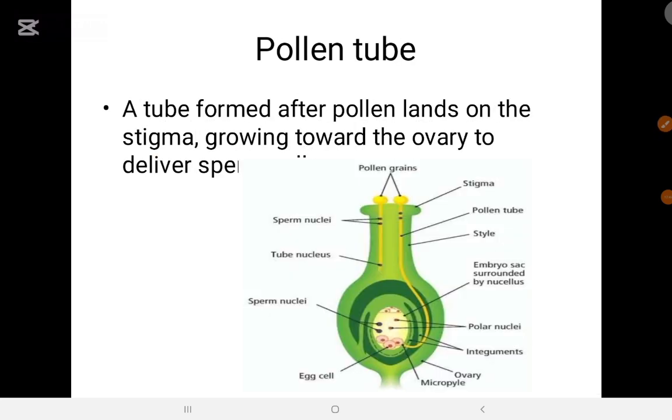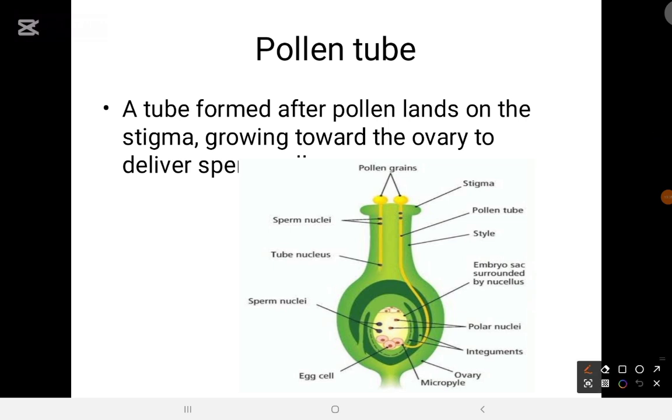Then we have the pollen tube. The pollen tube is a tube that is formed after the pollen has landed on the stigma. It will begin to grow toward the ovary to deliver sperm to the embryo sac, to the egg cell, and of course the polar nuclei.